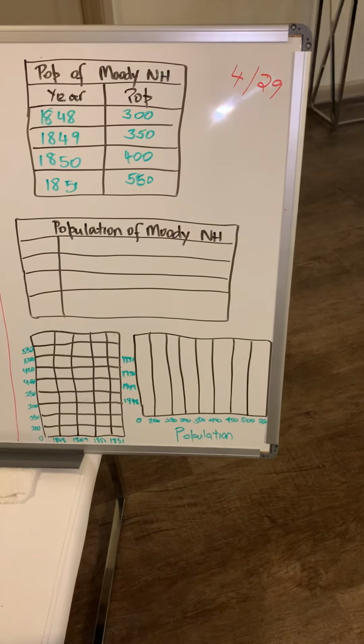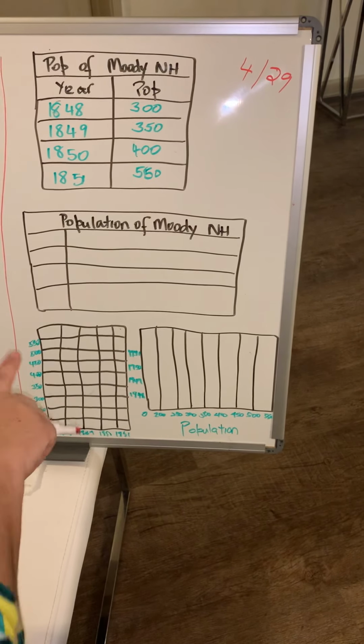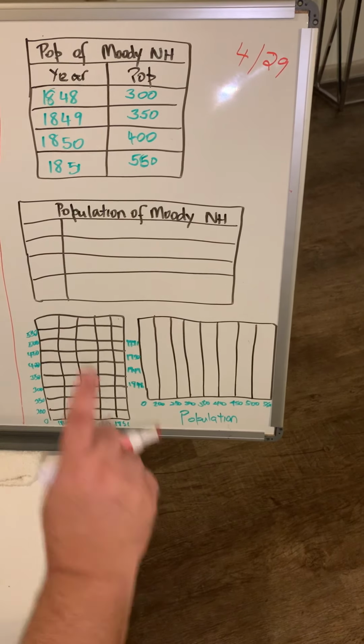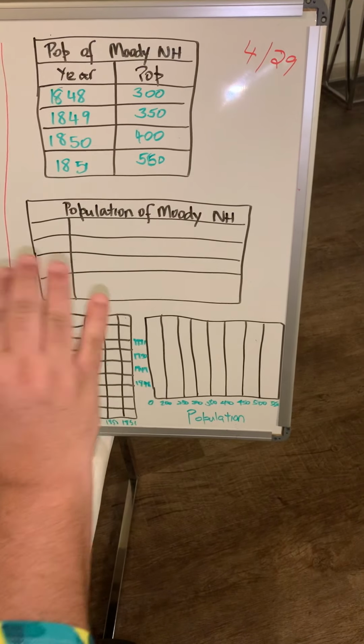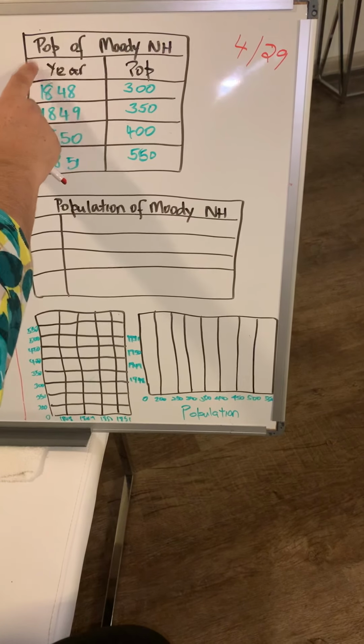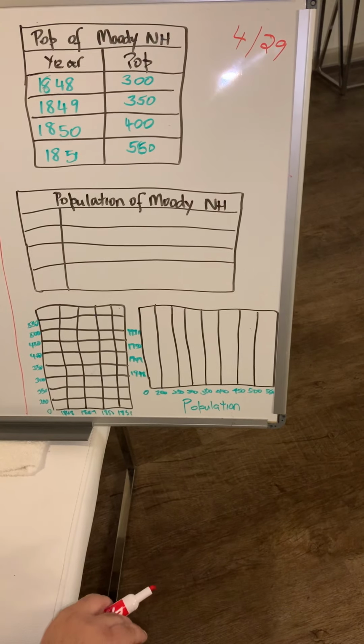And we are supposed to create a picture graph, a line graph, and a bar graph, okay? Now, don't ever forget that every single graph, no matter which one it is, one line represents one piece of data, and the other line represents the other piece of data.